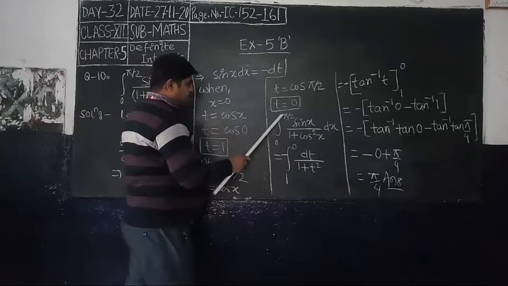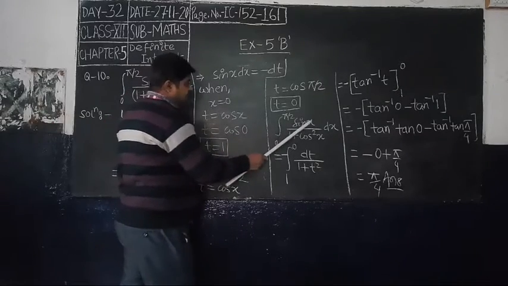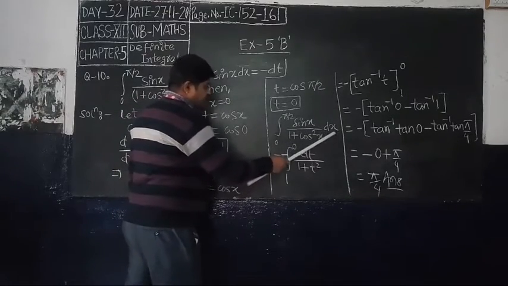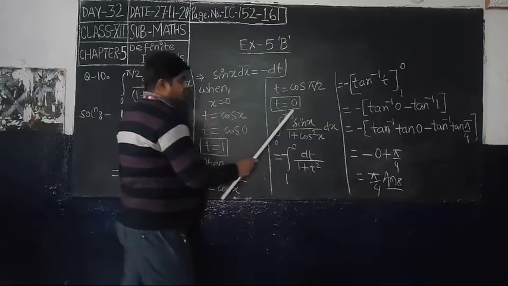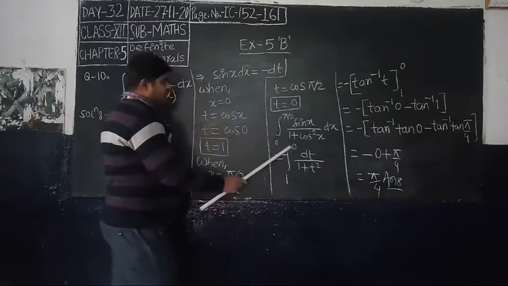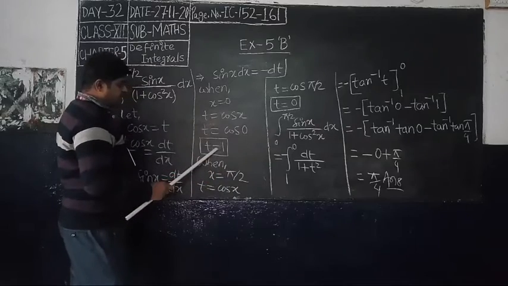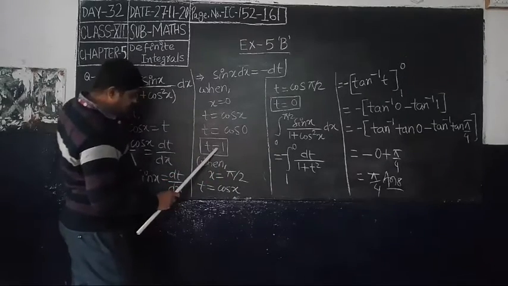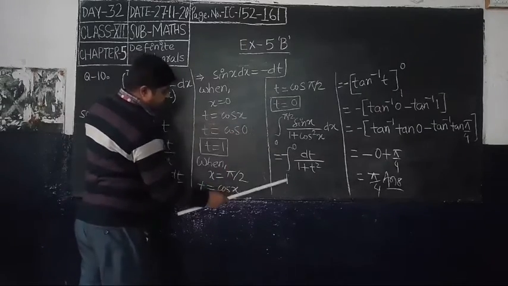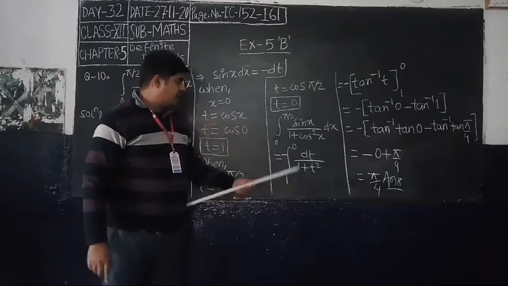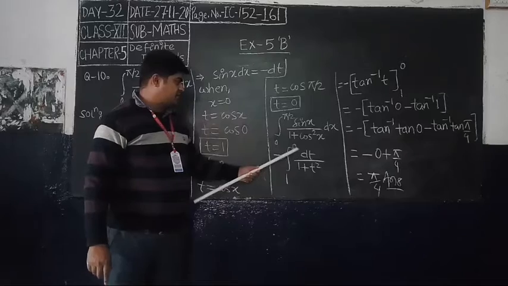Now your question is, you have to find the integration of sin x by 1 plus cos square x dx with limit 0 to pi by 2. Then after you will change the limit, 0 becomes 1 and pi by 2 becomes 0. So you will put here 1 instead of 0 and 0 instead of pi by 2.